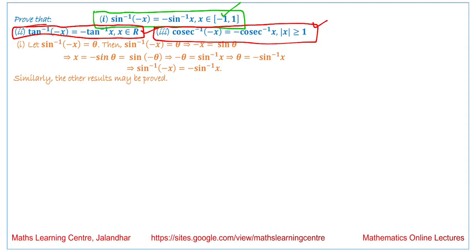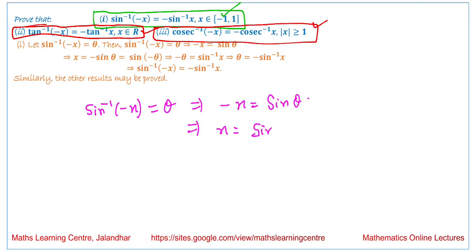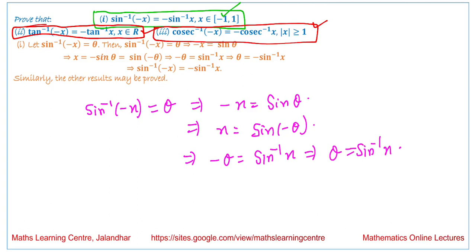So we can see over here that when we are talking about sine inverse of minus x, suppose this value we consider it is equal to theta. So this implies that minus x is equal to sine theta. This implies x is equal to sine of minus theta. So what we get from this is that minus theta is equal to sine inverse of x. This implies theta is equal to minus sine inverse of x.